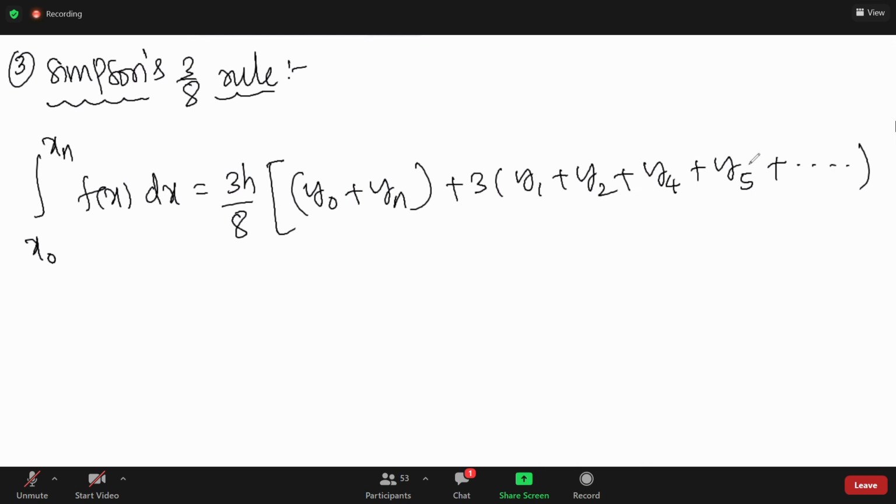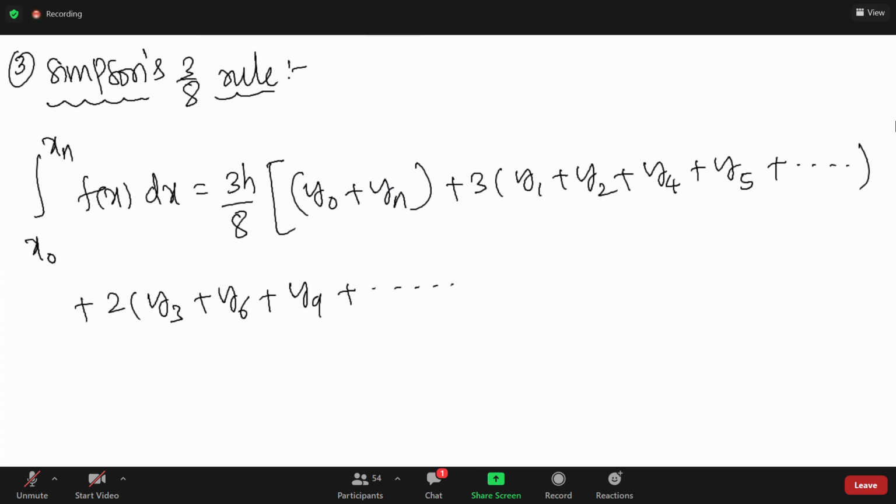Next two terms are y7 plus y8, plus 2 times of y3 plus y6 plus y9 plus so on.